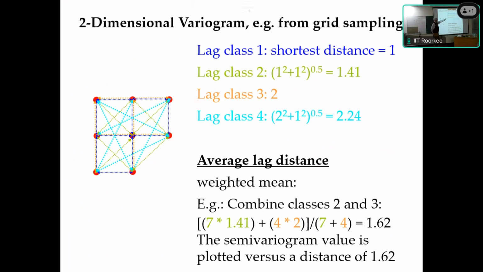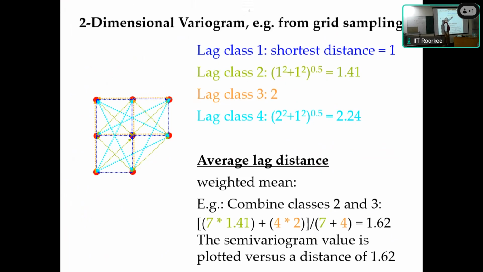And for lag class 3, we have a distance of 2, but we have 4 of these orange lines, 1, 2, 3, 4. We sum these up and divide them by the total number of neighbors, and then we have the average weighted lag distance of 1.62. That's where the semi-variogram value will be plotted in the variogram versus this lag distance, 1.62.